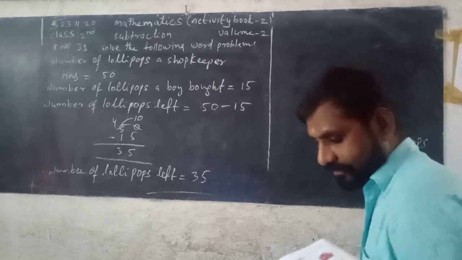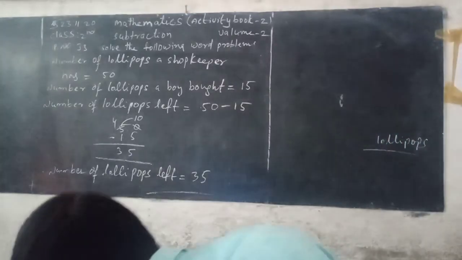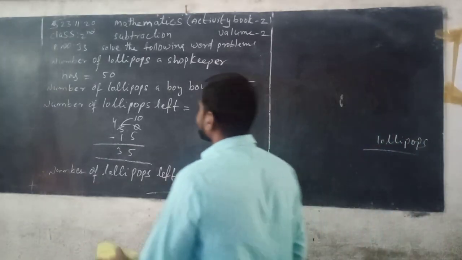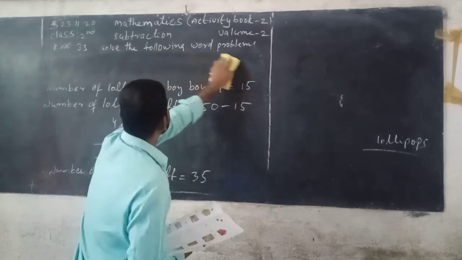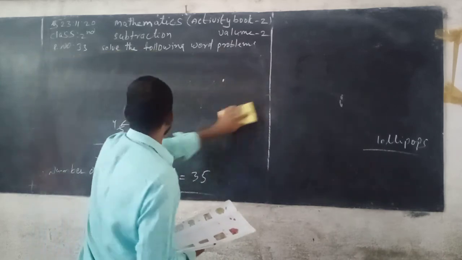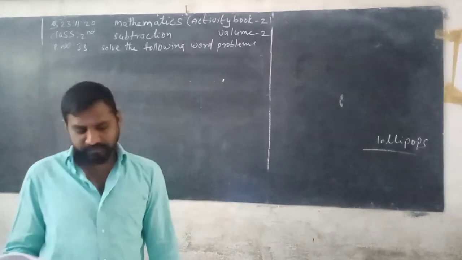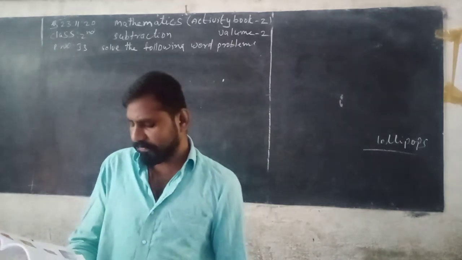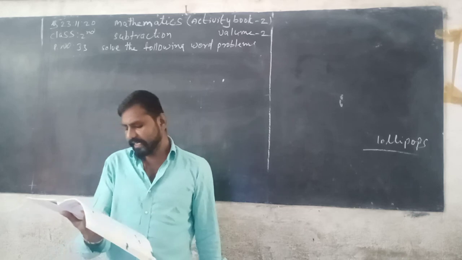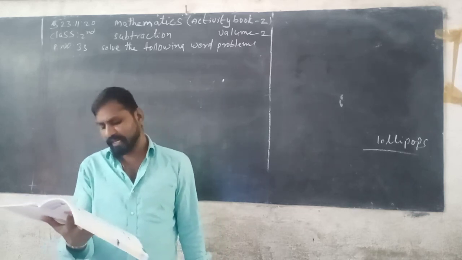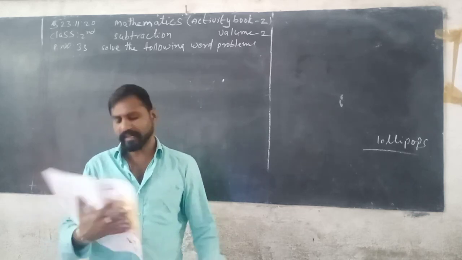Next one, there are 495 fish in the pond. 89 fish were caught. How many fish are left in the pond?